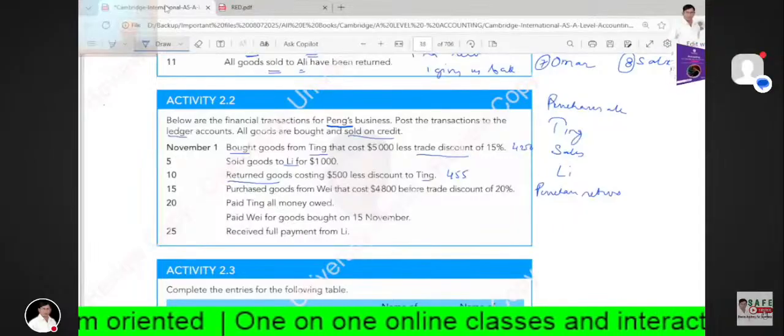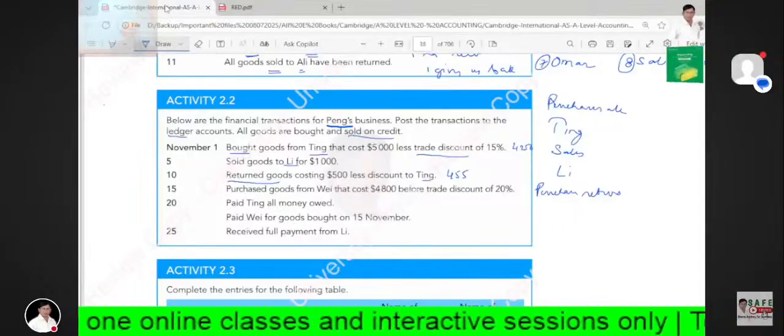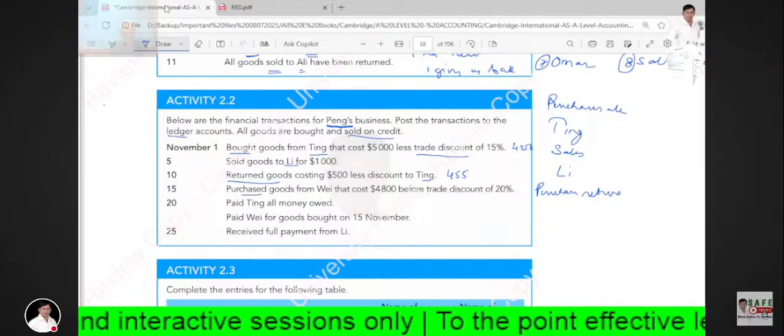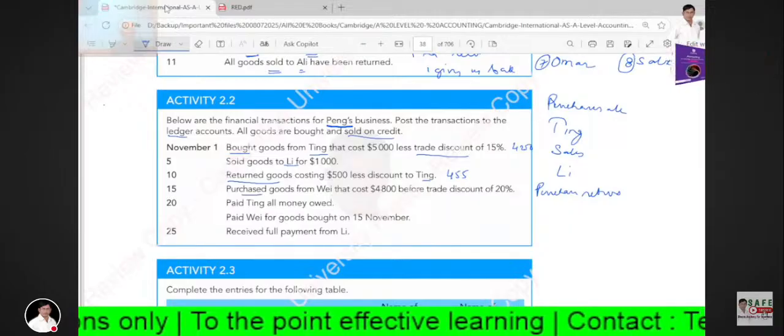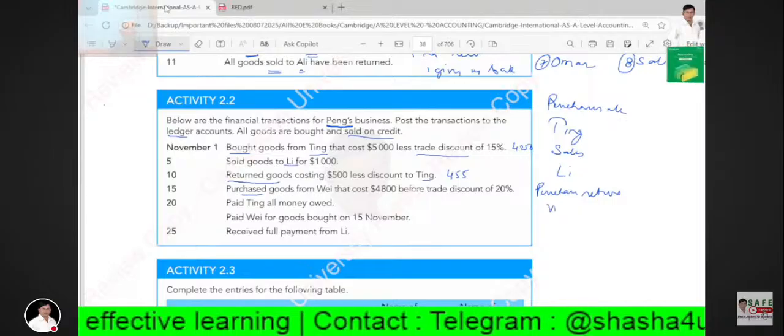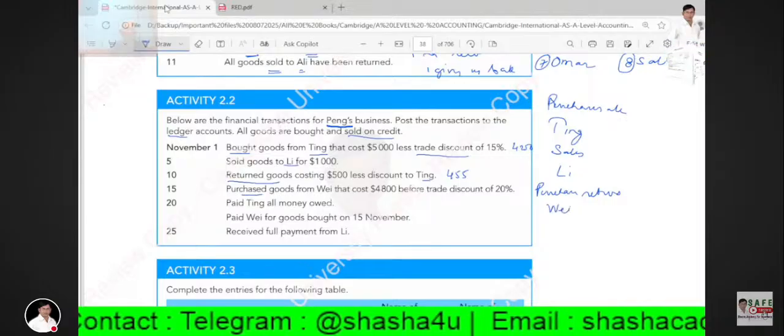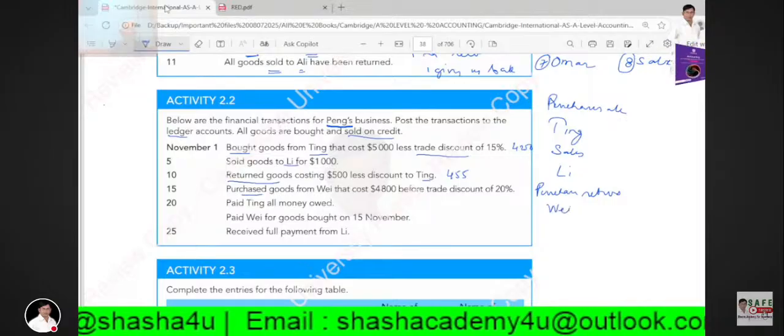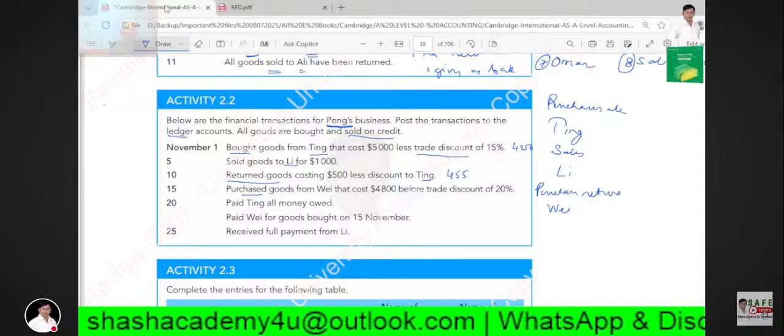Purchased goods from V. So again purchases; the purchases account is already there, and V. Cost 4,800 less trade discount of 20%.